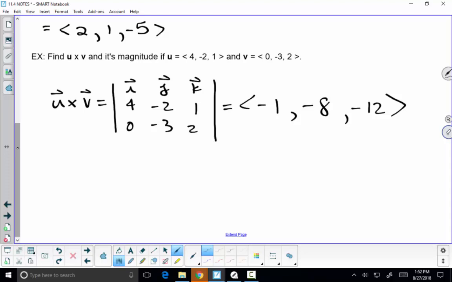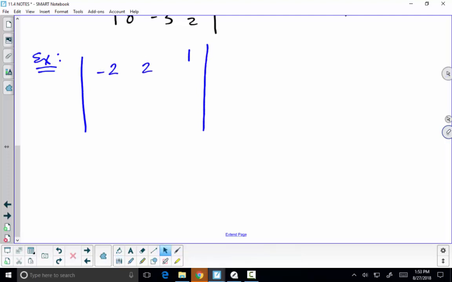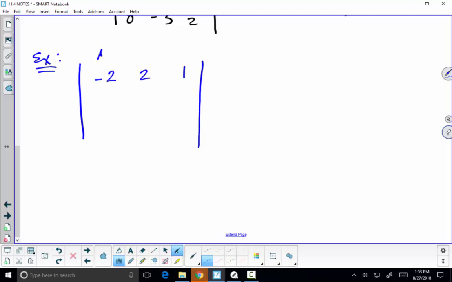Okay, so let me put one up here for you to do, see if you can do it so that you don't have to spend all that time. Actually, let's just write the whole thing in this form already, just to practice the nuts and bolts of it. Oops, and I should have a row of i, j, k. Okay, so see if you can get this one.